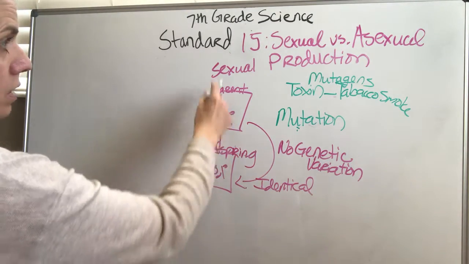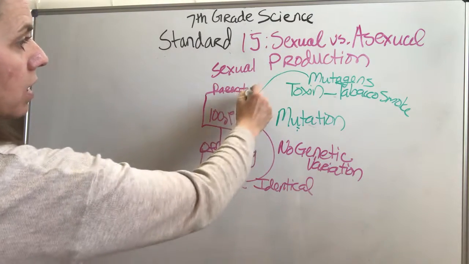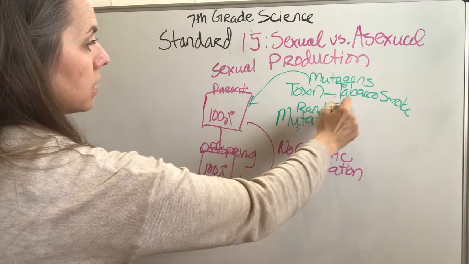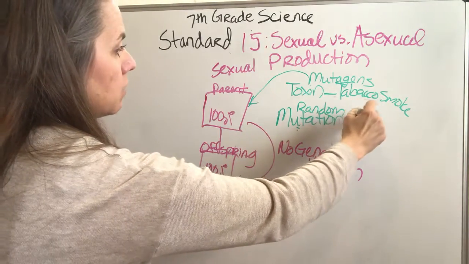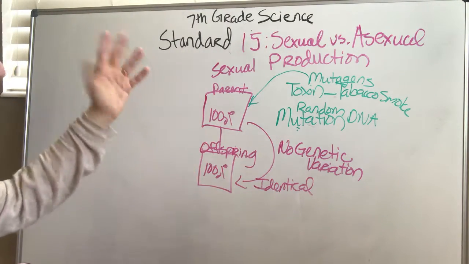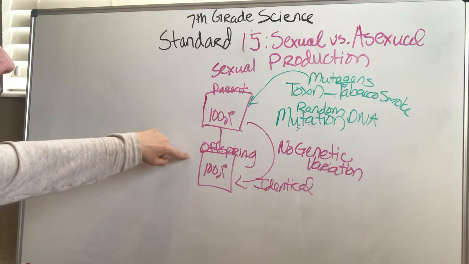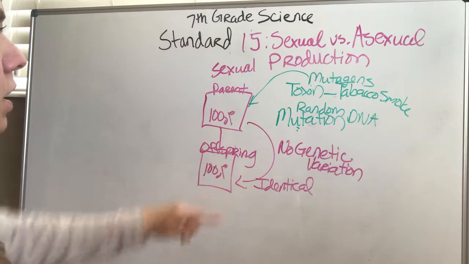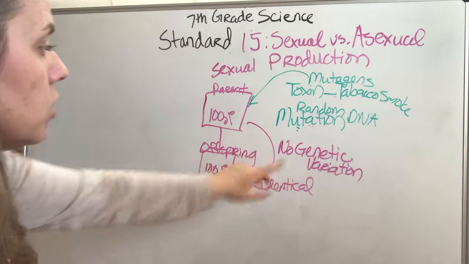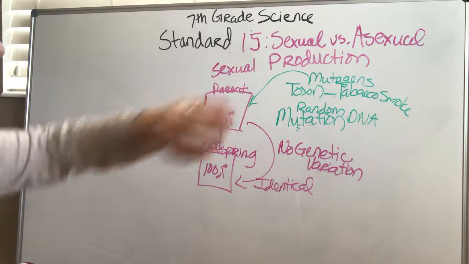So those can affect asexual reproduction. Mutagens can affect that, or just random DNA mutations. In the process of replication, something inadvertently switches. And so then you will have some sort of genetic variation in the offspring. But it's much rarer for genetic variation to occur in asexual reproduction than in sexual reproduction.